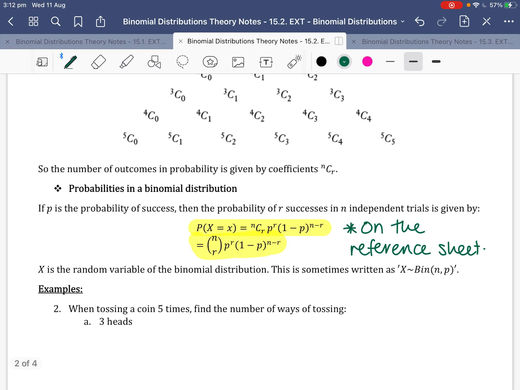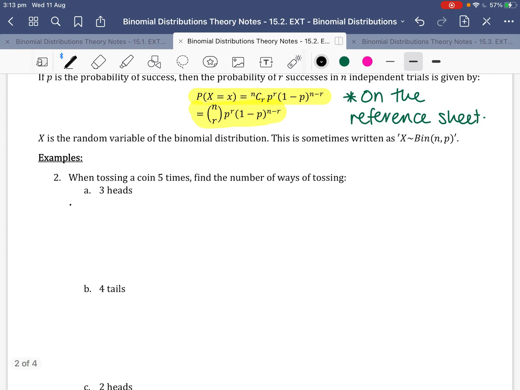So X is the random variable of the binomial distribution, and this is sometimes written as X tilde Bin(n, p). For our example 2, when tossing a coin 5 times, we want to find the number of ways of tossing 3 heads. For this, we are finding the probability of X equals 3. Using the formula above, n is 5 because we are tossing 5 times.